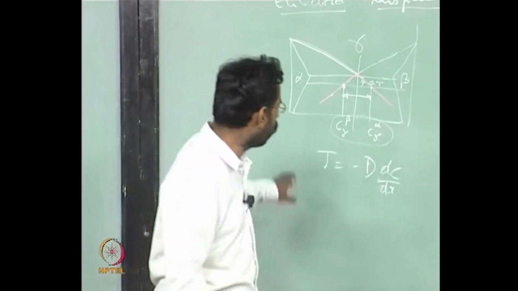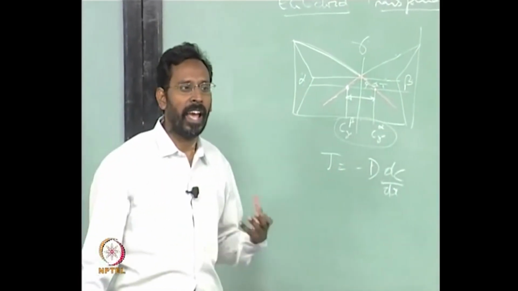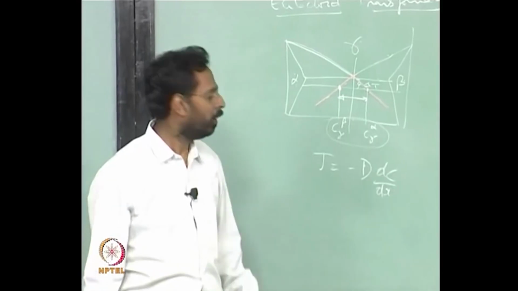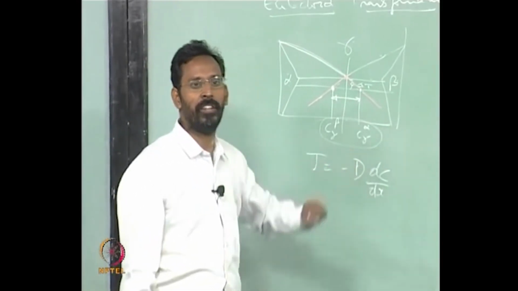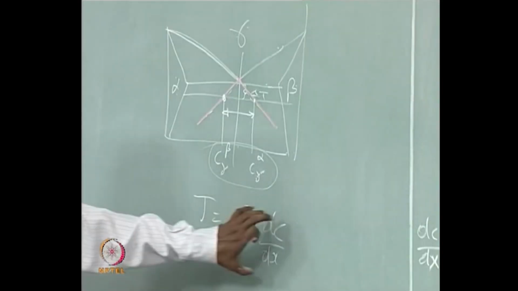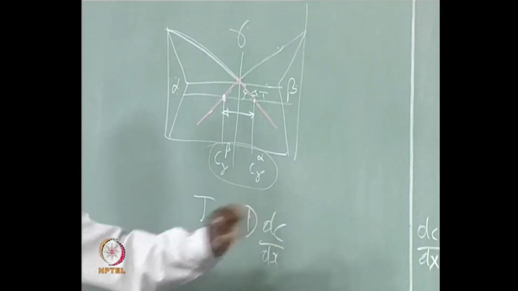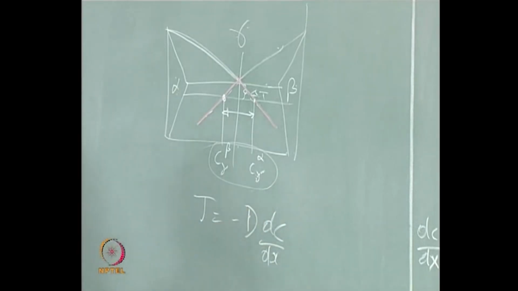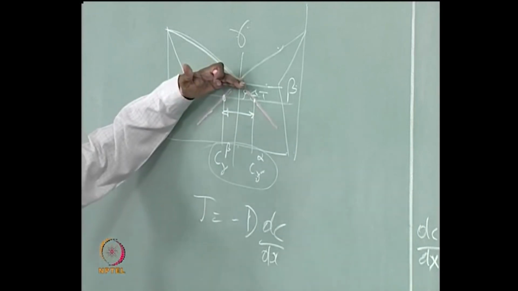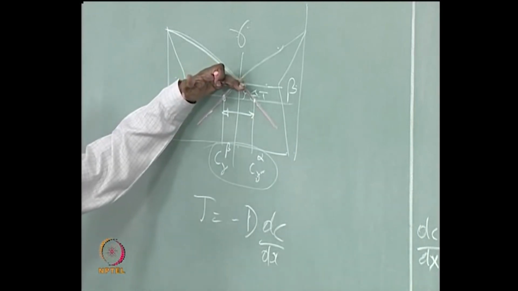So this growth rate is again a combination of the temperature, which is where diffusivity decides that, and the dC by dx. A combination of these two will tell you that the growth rate will reach a maximum somewhere in the intermediate temperature range. It will not be highest near the eutectoid transformation temperature.